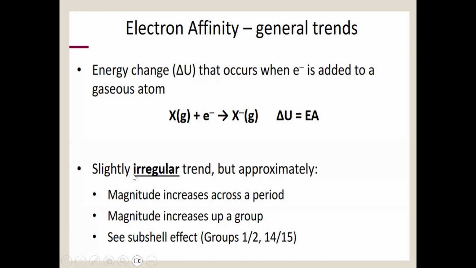The trend here is slightly irregular. Across the period, the electron affinity increases because the radius decreases. As we mentioned, when the radius decreases, there is more attraction. So it's easy to attract more electrons.